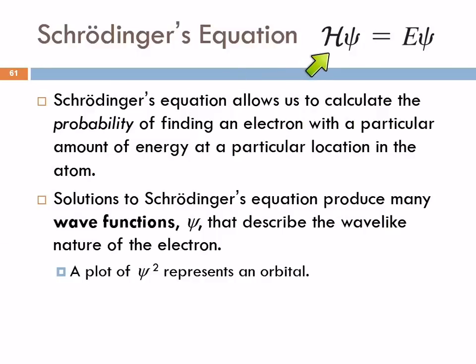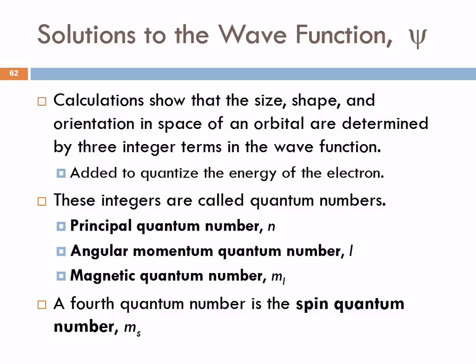When we solve Schrodinger's equation, the solutions are wave functions. And these wave functions describe the wave-like nature of the electron. If we graph the wave function squared, then we can get an idea of the shape of an orbital, that region in which an electron is found.